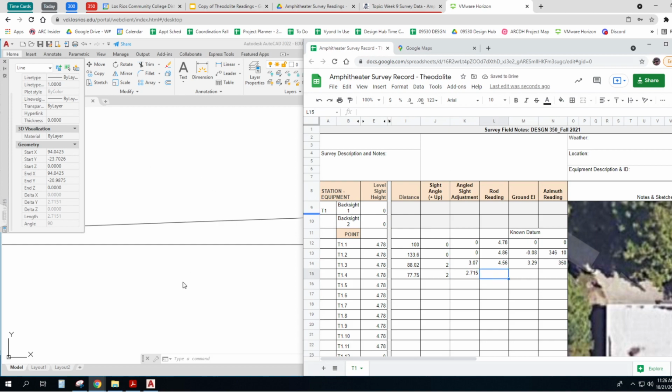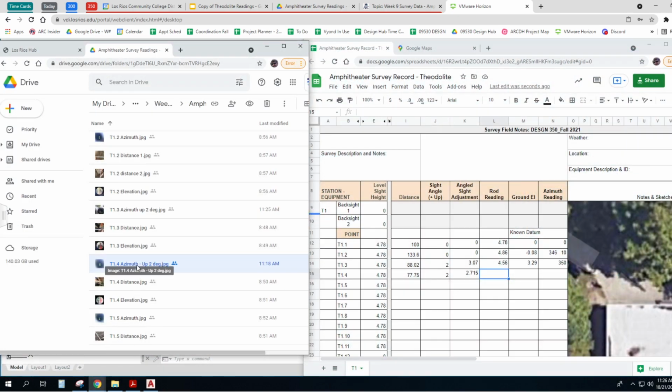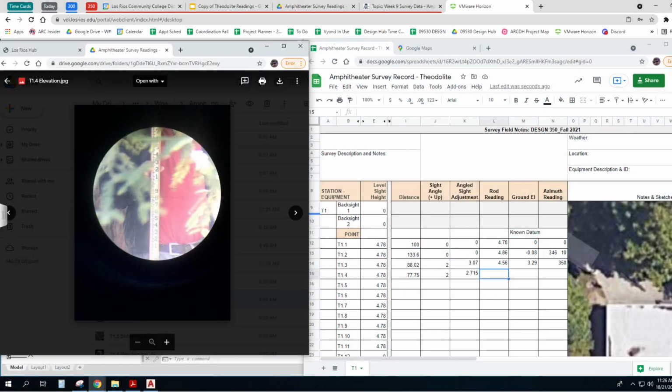Now I can take my rod reading. I think that's a 3. There's that weird one that's a really bad 4. So I'm pretty sure that one's the 3.